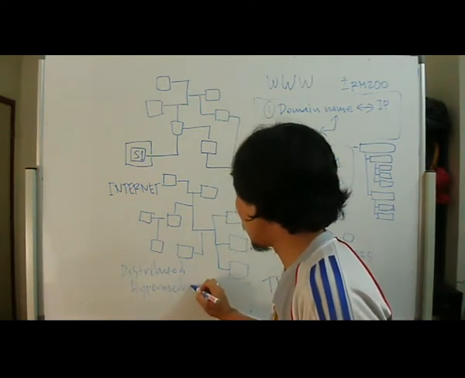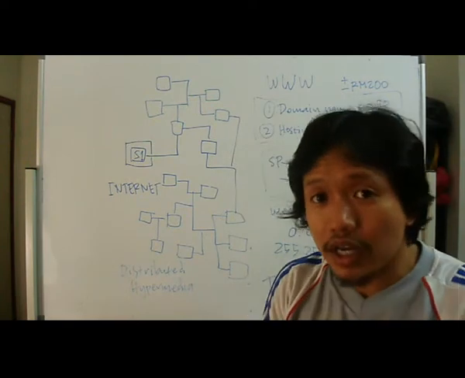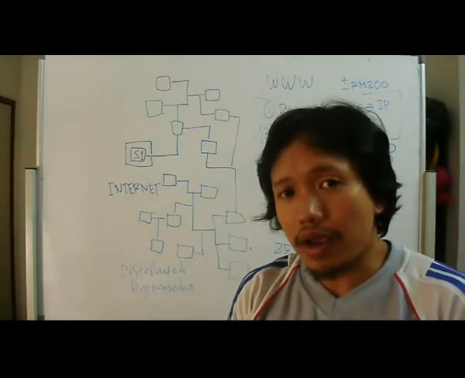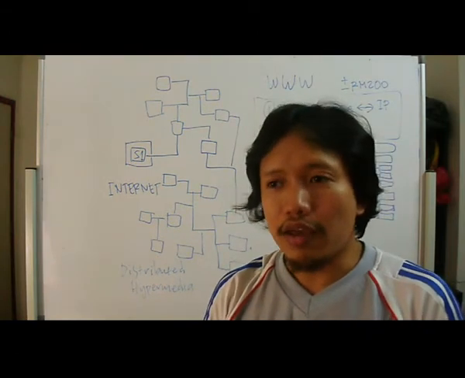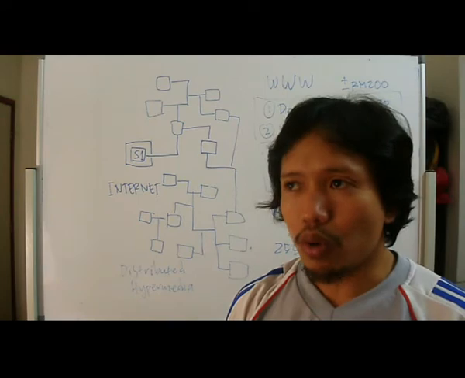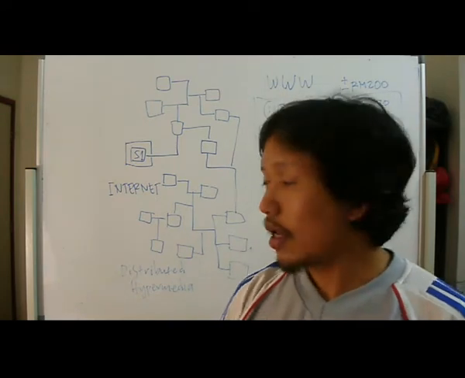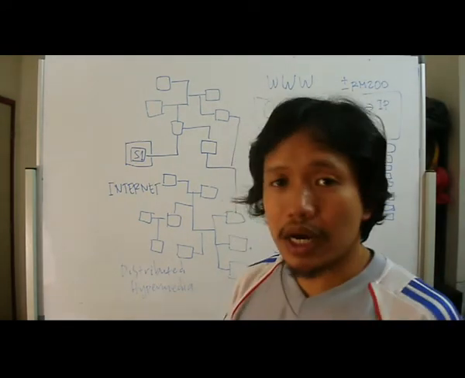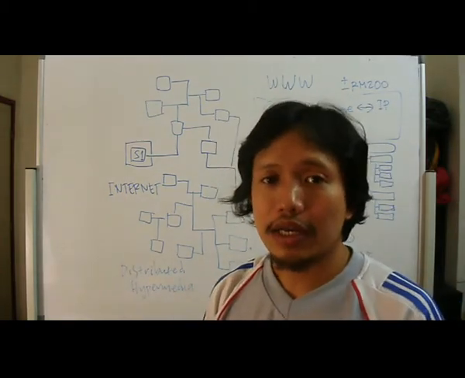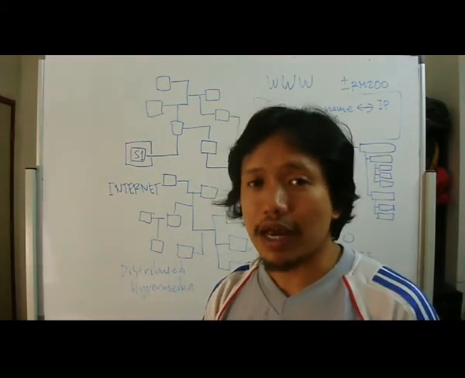That means, for example, if you want pictures, you can go to Flickr or Tumblr. If you want text, you can go to WordPress or Blogspot. If you want videos, you can go to YouTube. If you want sound, you can go to AudioCloud or something, right? That means it is hypermedia. There are lots of different media, and it is distributed. It's not on one website, and it's a whole system of that.